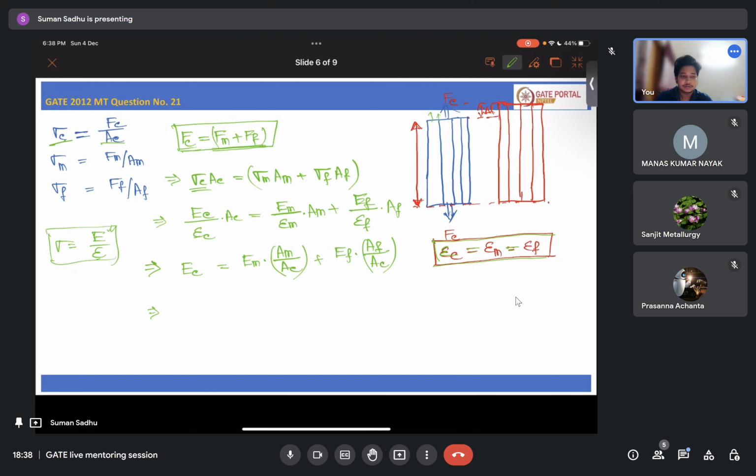Anyone? That Am by Ac will be replaced by Vm. So did you understand why it is Vm? Yes, sir, because the strain is the same. No. This Am by Ac, why is it Vm, and Af by Ac, why is it Vf?